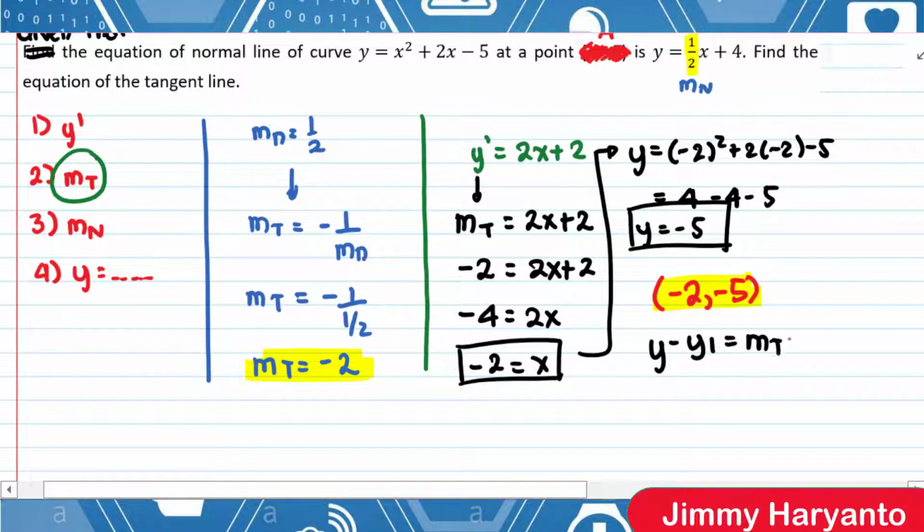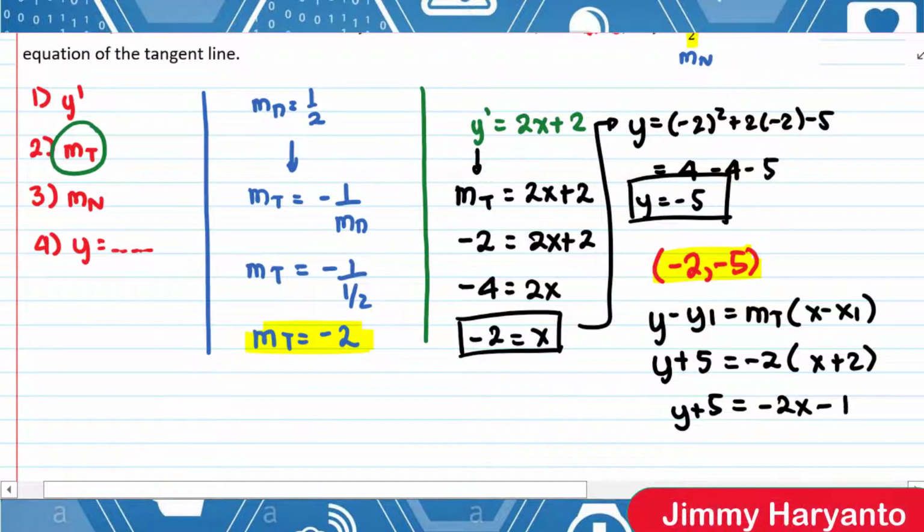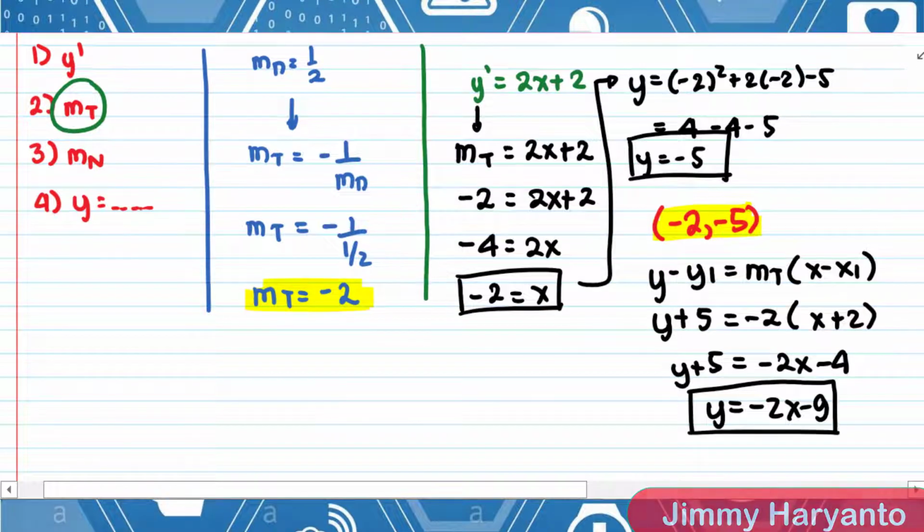So y minus y1 equals m tangent times x minus x1. Y plus 5 equals to -2 times x minus -2. It will become plus 2. So you'll have y plus 5 equals to -2x minus 4. So y equals to -2x minus 9. So this is the equation of tangent line.